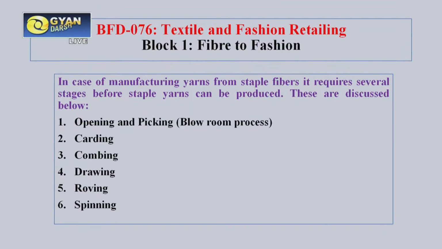Manufacturing staple yarns requires several stages. It starts with opening and picking in the blow room, then carding, combing, drawing, roving, and then spinning. These stages are used for staple fibers, but for filament fibers, all these stages are not required.